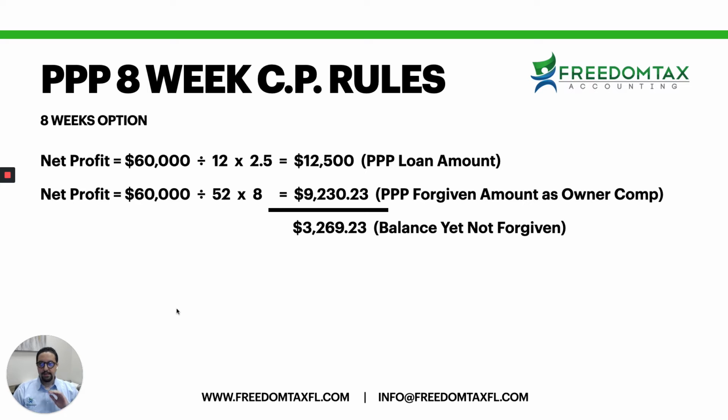For example, if you choose the 8-week option as a self-employed person, these are the rules that apply. If you're self-employed, this is not a good option, and you're going to see why.